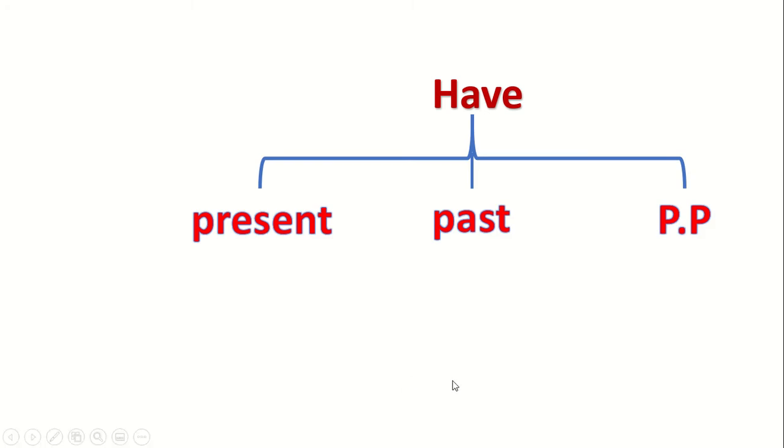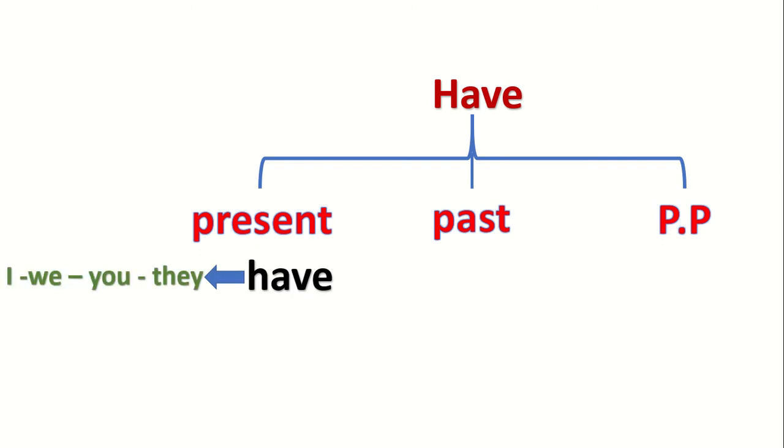Have, as all other verbs, has present, past, and past participle. The present of have, which is our main focus for today's lesson, is have, and we use have with I, we, you, or they, or the plural, الجمع.